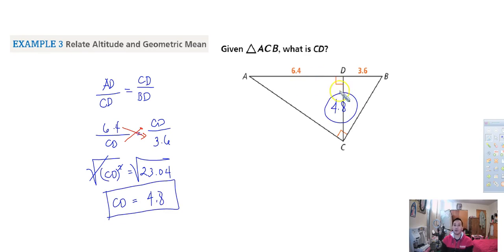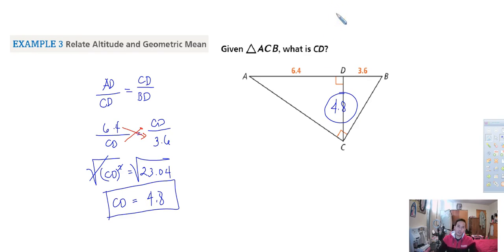Remember, you only have two items that are given in there, which is 6.4 and 3.6. However, by using the theorem 7-4, and remember also that we have the CD is the length of the longer leg of ACBD, and CD also is the shorter leg of ADC.